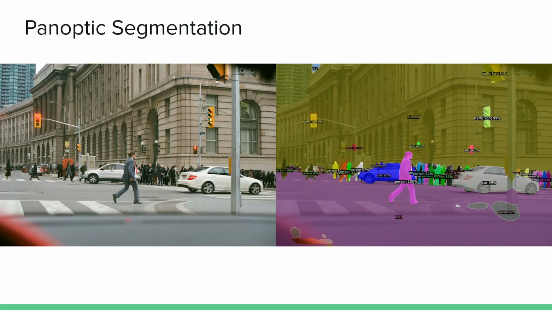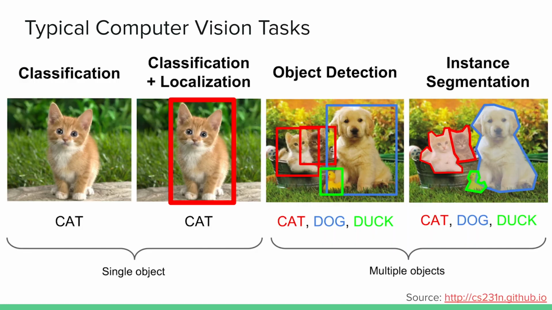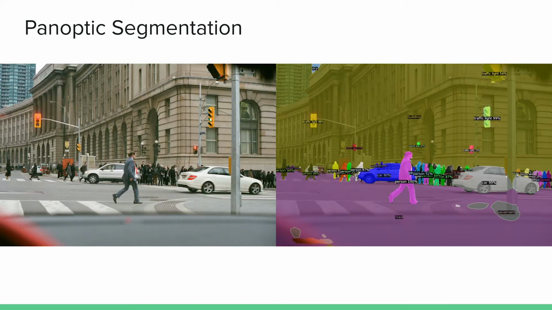There is even something which is, in my opinion, really ambitious, called panoptic segmentation, which is kind of the latest thing in research. They are trying to combine semantic segmentation, where we say this pixel belongs to that class, with instance segmentation, where we say this pixel belongs to this class of objects and to that instance. So we're basically classifying every pixel in the image and grouping them by object instance.